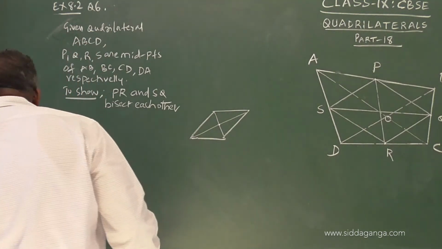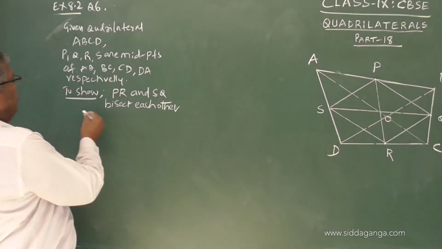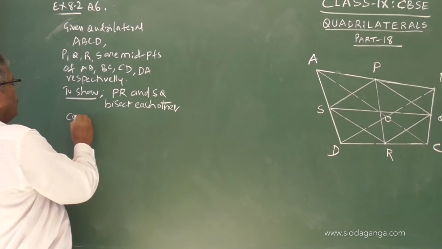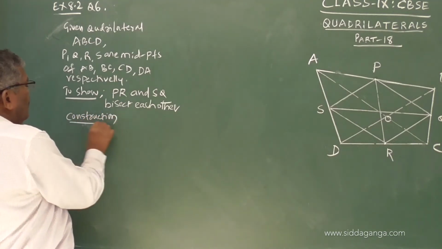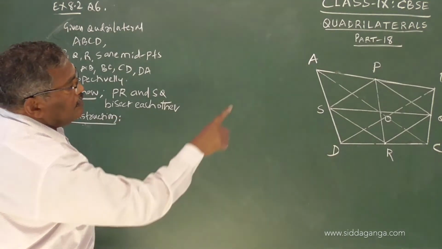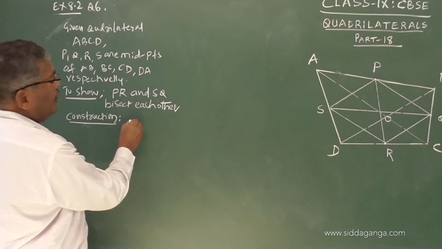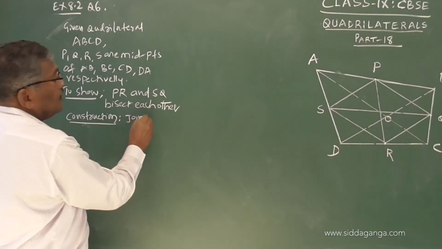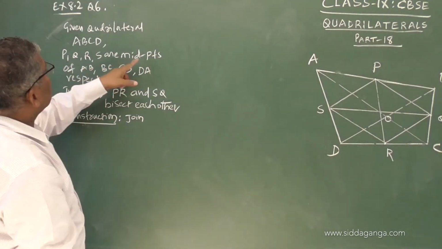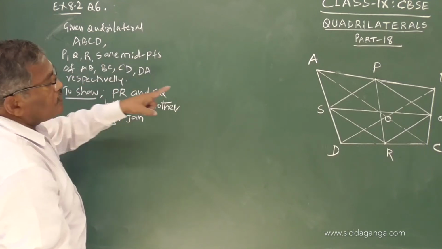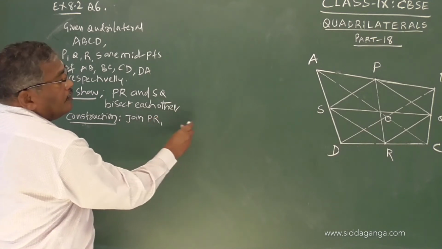Now, we shall proceed with the proof. So, construction. Join PQRS. First you draw the opposite sides' midpoints. So, that is PR and SQ. Join PR, SQ.